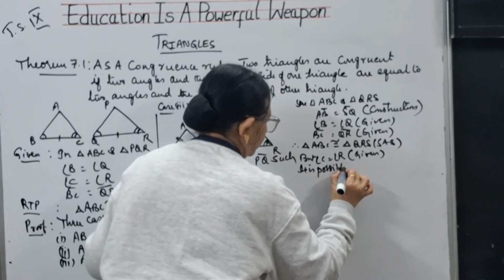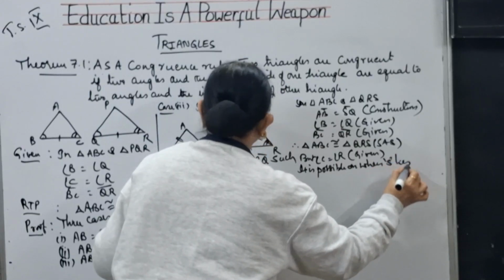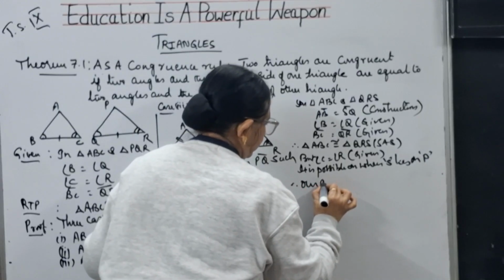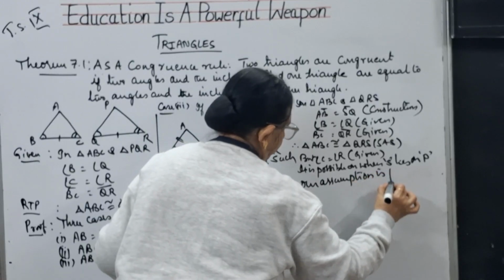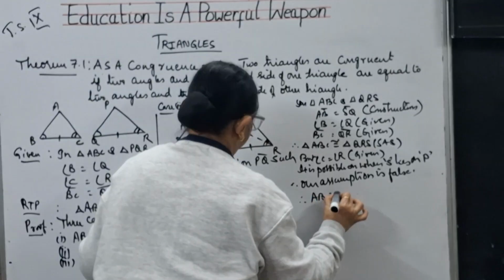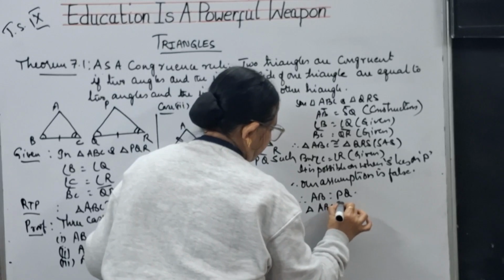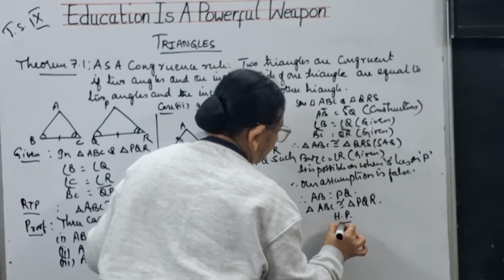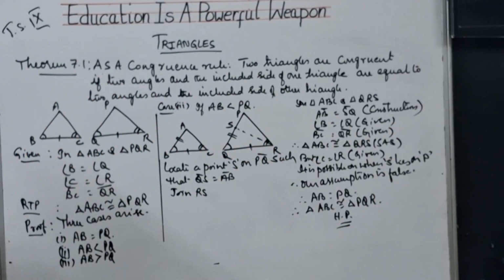It is possible only when S lies on P. Therefore, our assumption is false. Therefore, AB is equal to PQ. That means triangle ABC is congruent to triangle PQR. Hence, proved. So, in all the three cases, we have proved that triangle ABC is congruent to triangle PQR.